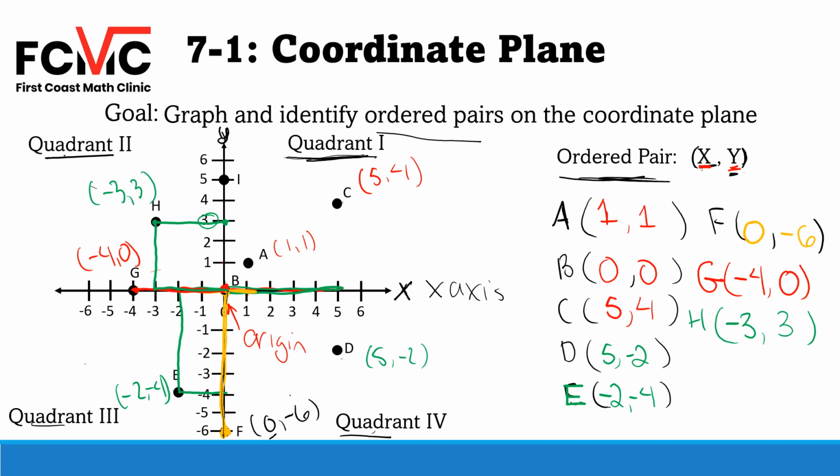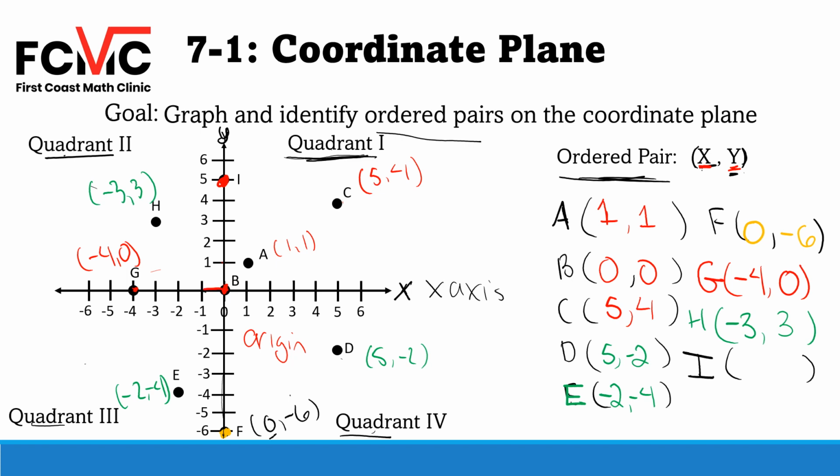And I for the last one. Well, let's look at I, right? We notice that, let me clean this up a little bit, so it's a little easier to see. So I is right here, right? It's right on the y-axis. If we start at the origin and we want to get to I, what direction do we have to move?